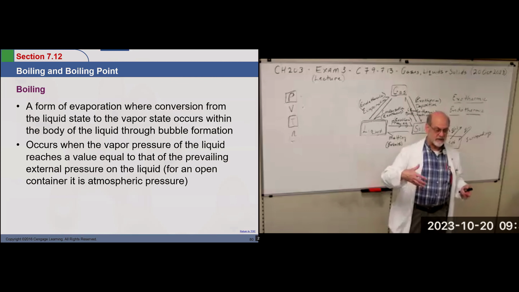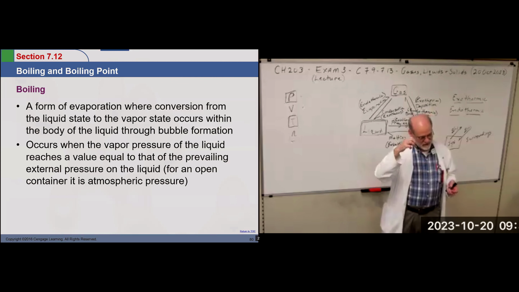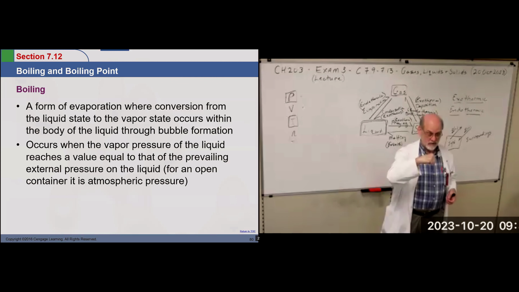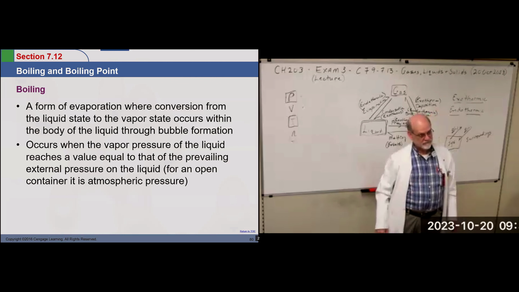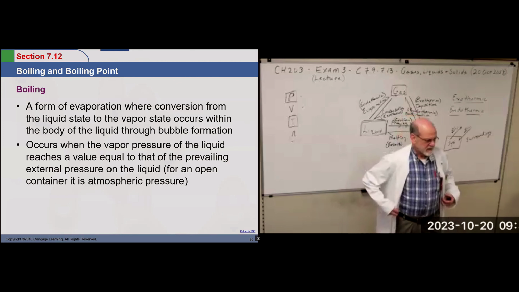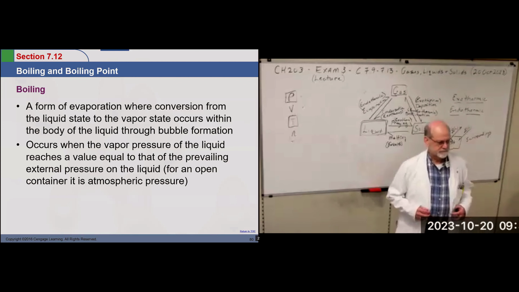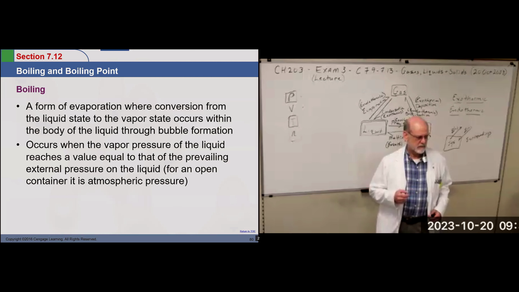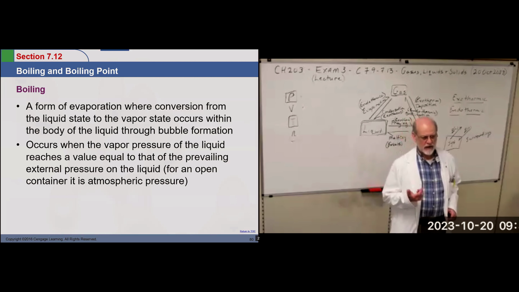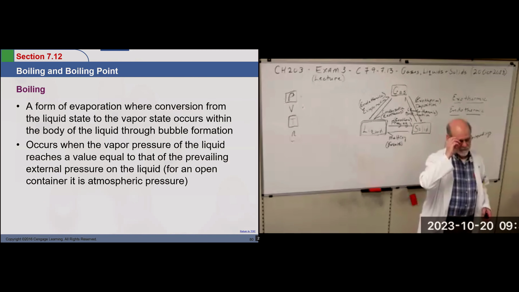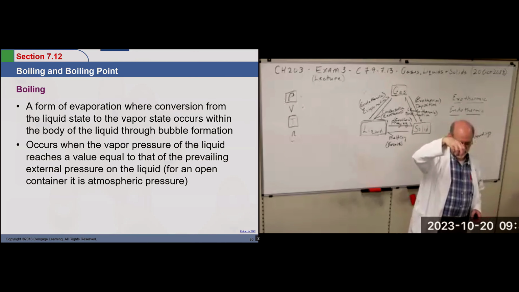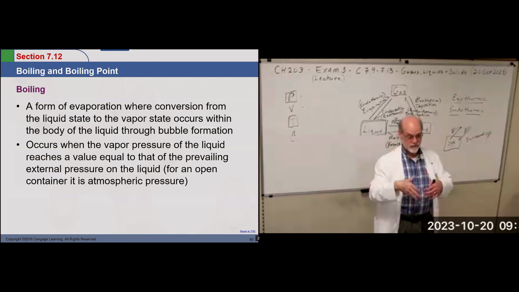We artificially increase the pressure against the liquid in your pressure cooker, so it only boils at a higher temperature. They typically have three pressures that you can have: 5, 10, or 15 psi in excess. You have these little weighted things that sit on top, and when it starts going, you've reached that pressure.